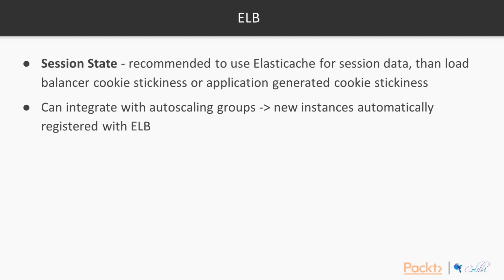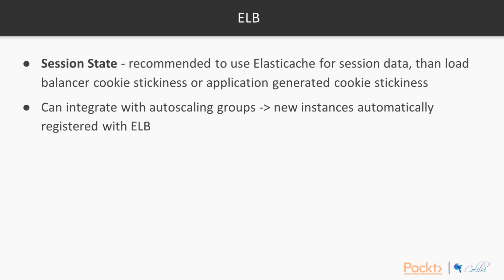Then we talked about session state. The recommended way of maintaining session state is to use ElastiCache for session data rather than using load balancer cookie stickiness or application generated cookie stickiness, because as we've seen beforehand, there could be the chance that the user gets redirected to the same EC2 instance over and over again, and you won't be able to scale out the application because most of your traffic could be redirected to one particular instance rather than having the traffic distributed to all the available instances.